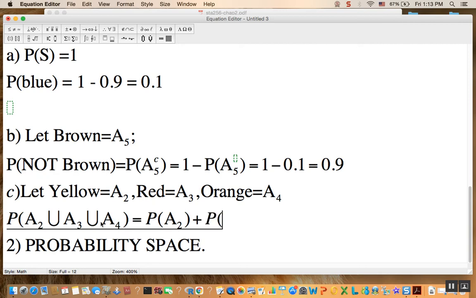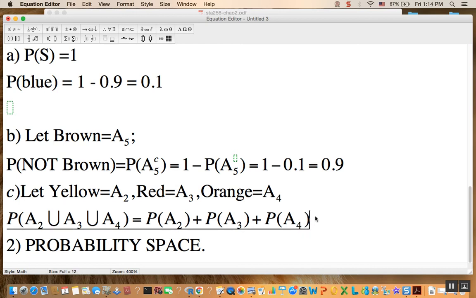So the probability of A2 union A3 union A4 equals the probability of A2 plus probability of A3 plus the probability of A4, right?